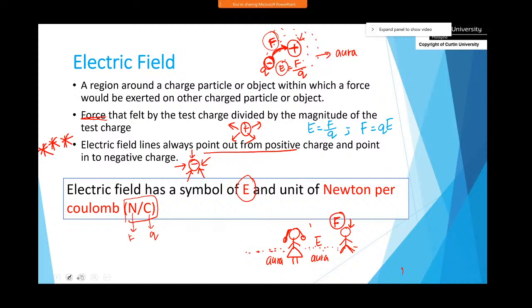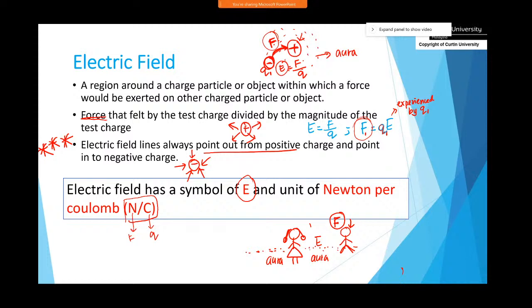Alright, so this one, it means the electric force experienced by the charge, let's say this one, charge 1, is equals to the charge in your Q1 times the electric field experienced by Q1.